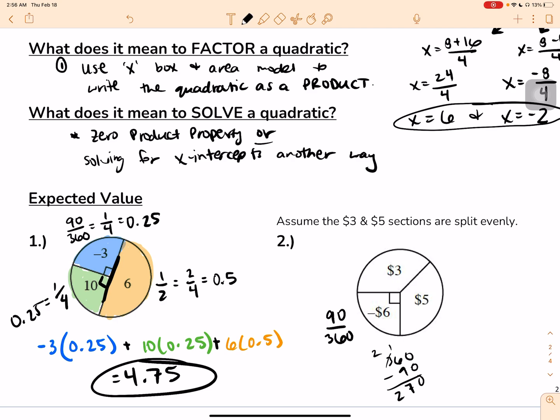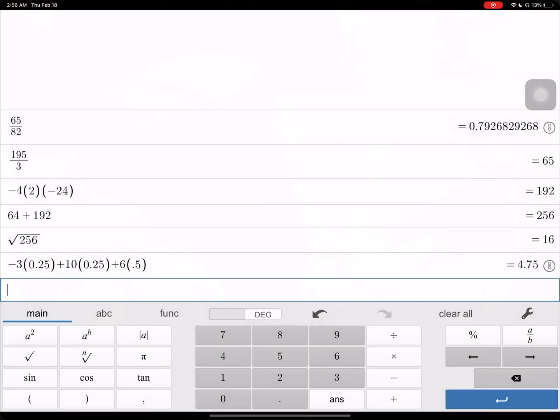If we divide 270 by 2, it's going to be 135. So this one is 135 out of 360, and this one is as well if they're equal. So here's what I like to do. Let's see what type of decimal it is once we divide 135 by 360. See if we can make it a little bit easier.